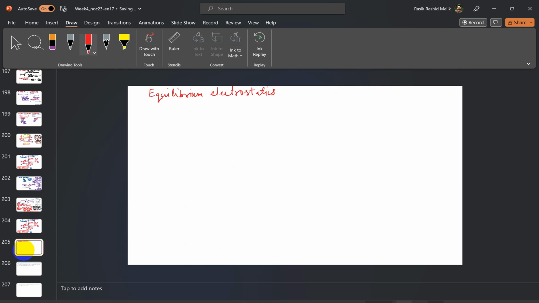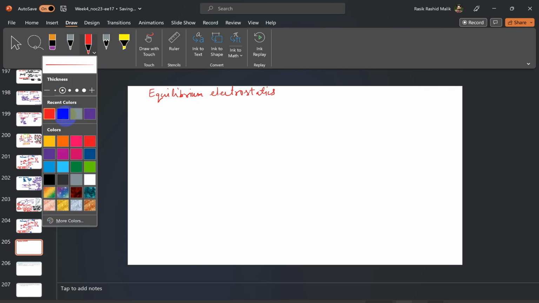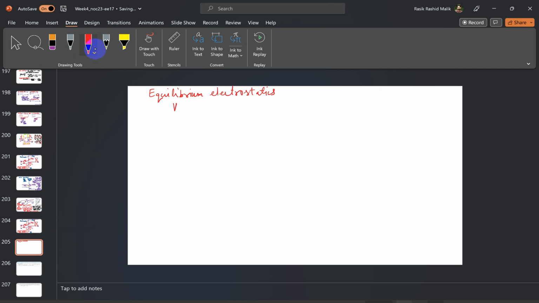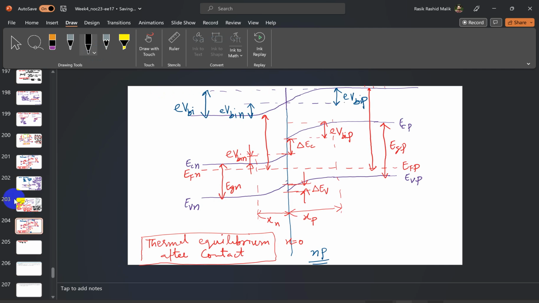So I will write this VBI is simply the work function on the wider band gap side minus the work function on the narrower band gap side, and this is easy to visualize from here.